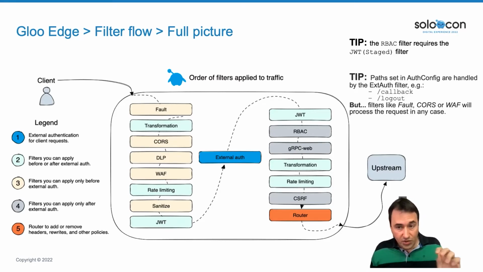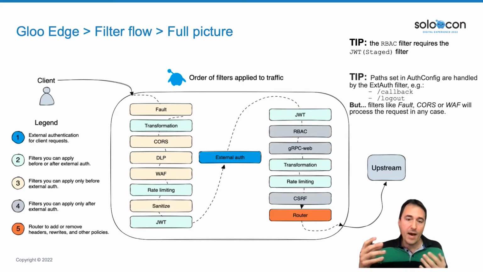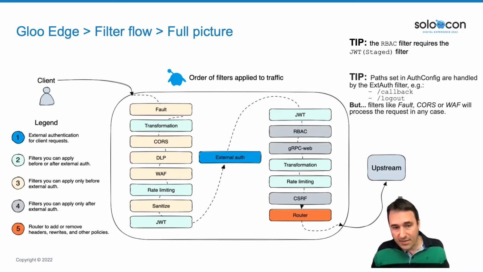And an additional tip: you can define paths in the auth config. Auth config will define the behavior in the external auth, and this path will be handled by the external auth server, not by this filter chain. But the filters that come before, like CORS, will execute anyway.